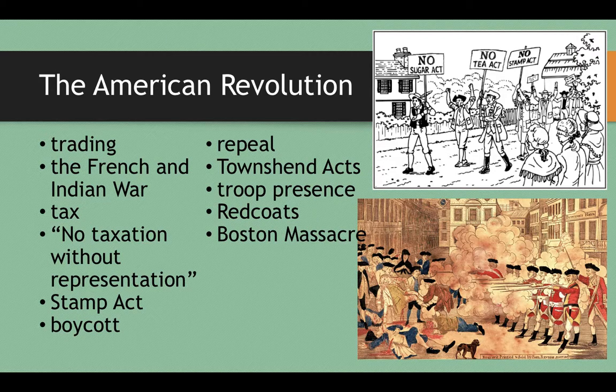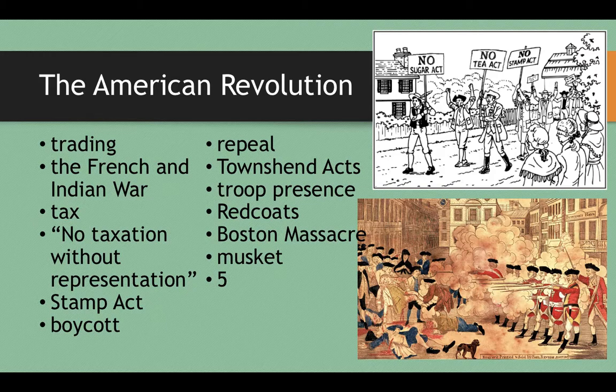He accidentally fired his musket. Now, this sparked a volley into the crowd that killed 5 citizens. Whenever other British soldiers heard that gunshot, they said, "Oh, time to fire. I guess our captain wants us to shoot." And so they shot into the crowd, and this killed 5 civilians, including a man named Crispus Attucks.